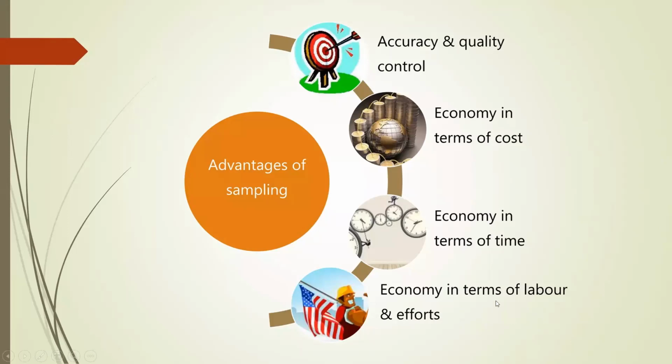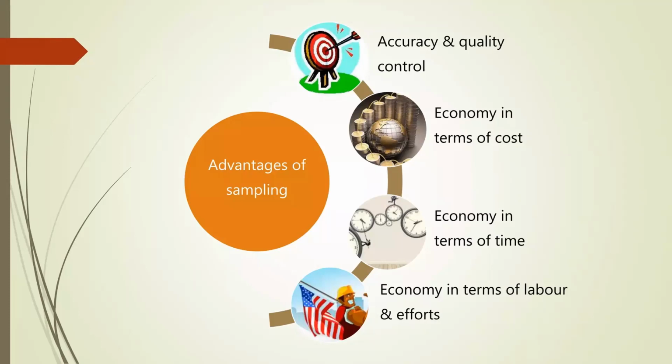Now, how is it a low cost of sampling? If the data were to be collected from the entire population, as I said, the cost will be quite high. A sample is a very small proportion of the same population, right? So the cost will be lower if the data is collected for a sample of the population, which is a very big advantage. Then it is less time consuming. Why?